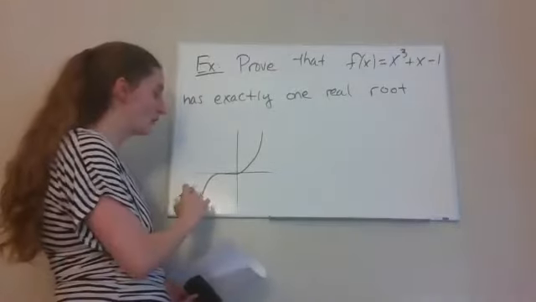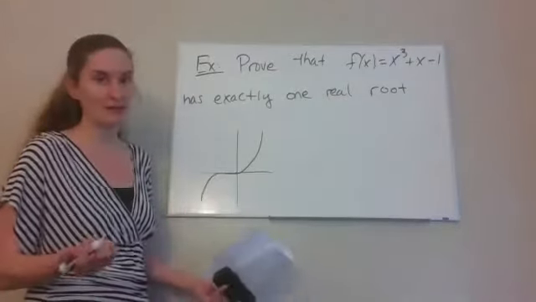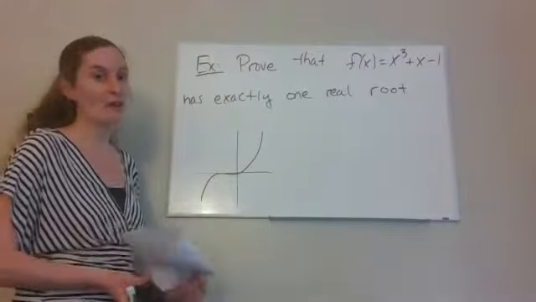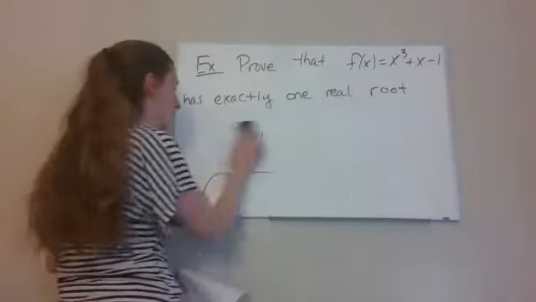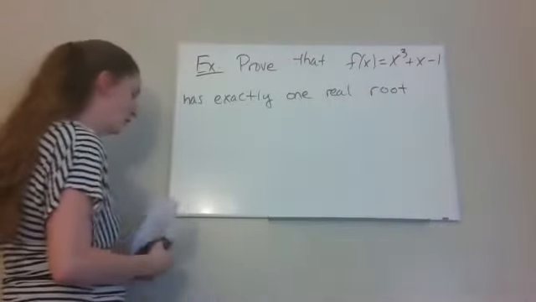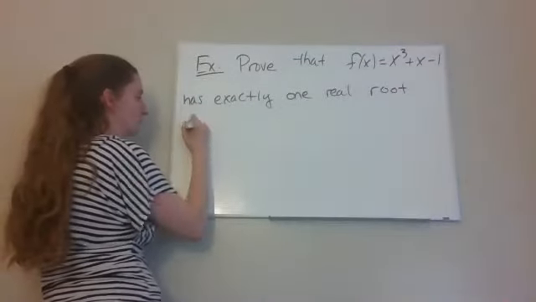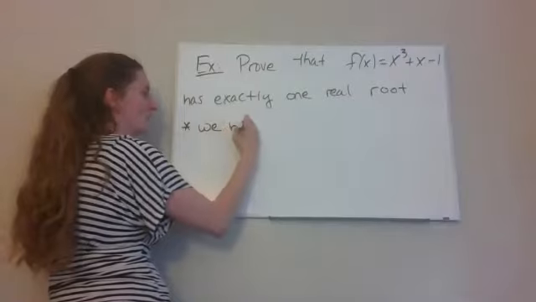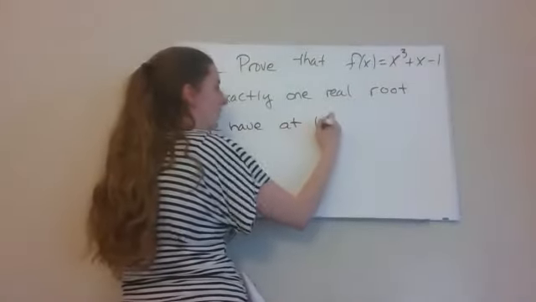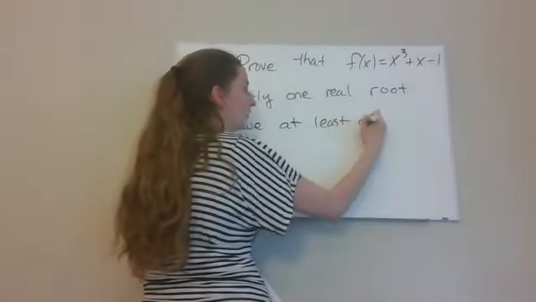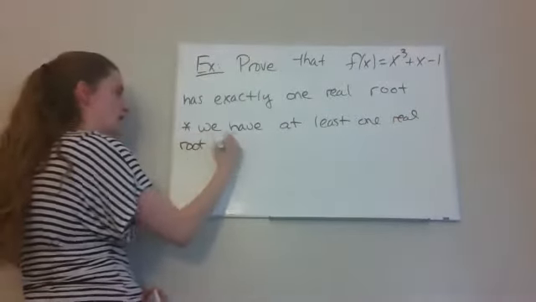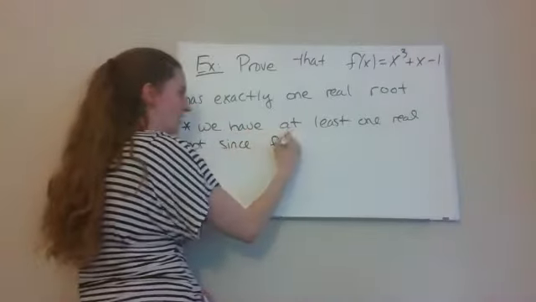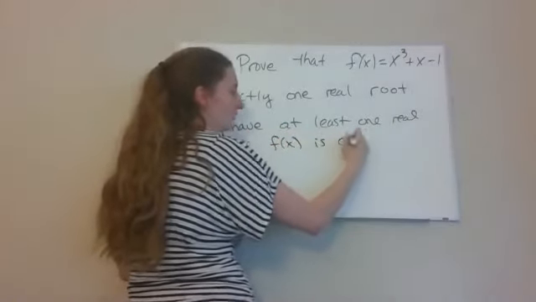So at some point, it's going to touch my x-axis, meaning that it's going to have at least one root, the place where it crosses the x-axis. So I know that I have a root. So we have at least one real root, since our function is continuous.